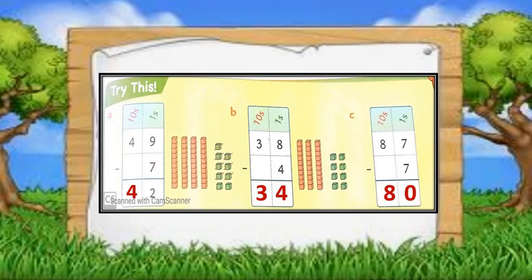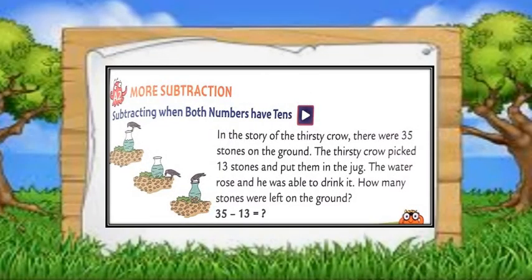Now I hope you all have completed. Till now we were learning subtraction of single digit number from double digit number. Now I am going to explain how to make double digit subtraction.